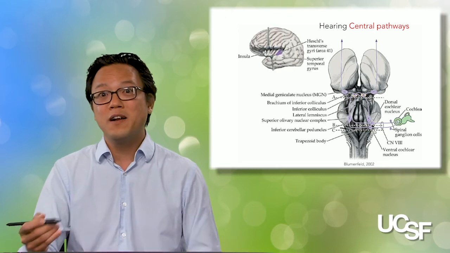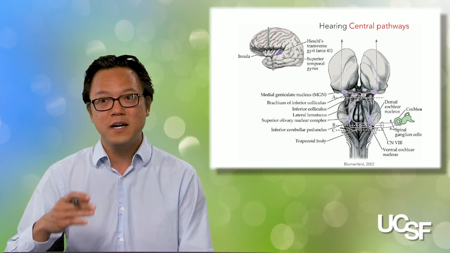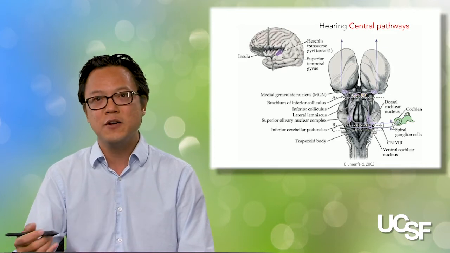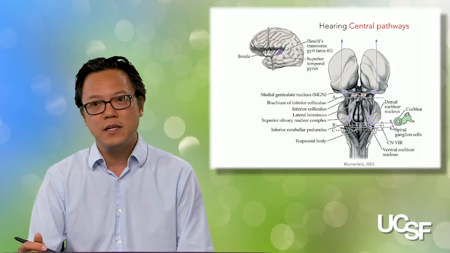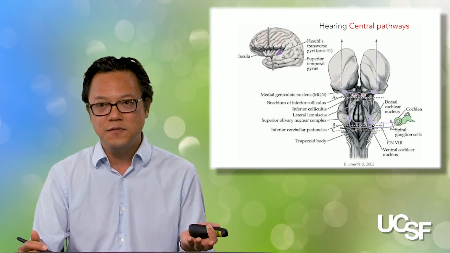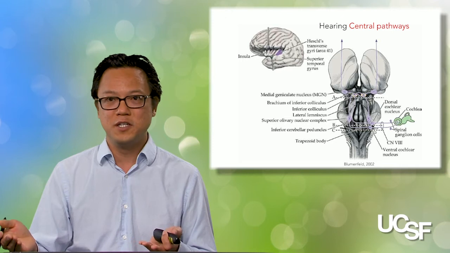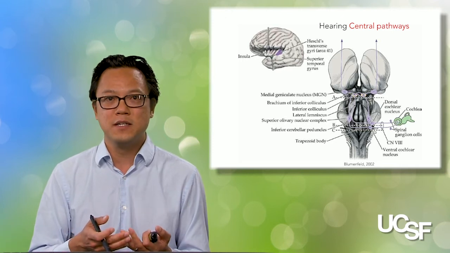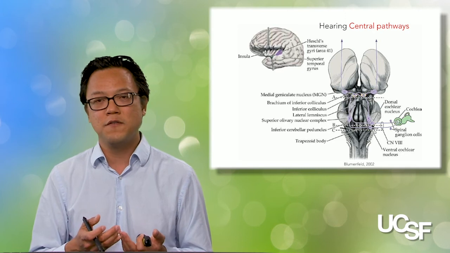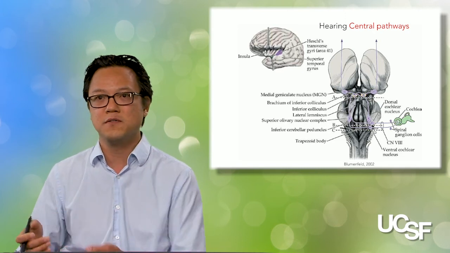Now, the peripheral auditory system, because it has to function at such high frequencies all the time, is very sensitive to damage. And hair cells in particular are exquisitely active, and they also do not regenerate. And for that reason, the peripheral auditory system and hair cells in particular are very susceptible to different kinds of damage.